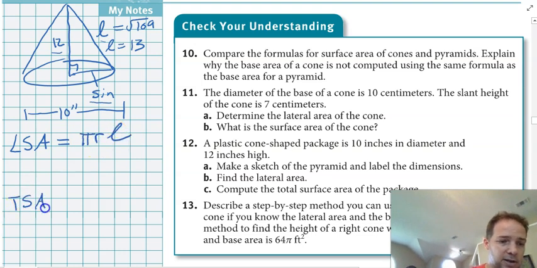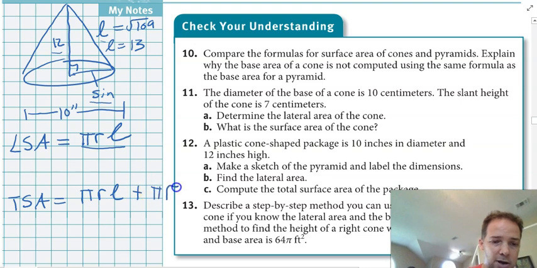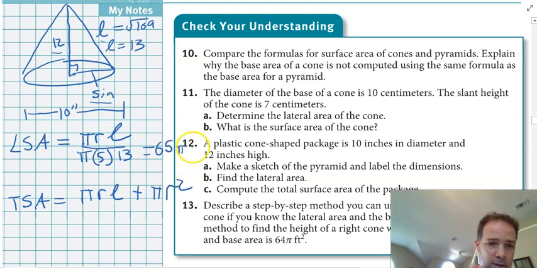Total surface area equals pi r L plus pi r squared. So let's go ahead and plug in our pieces again. All right, so 65 pi inches squared. So this is going to equal 65 pi.